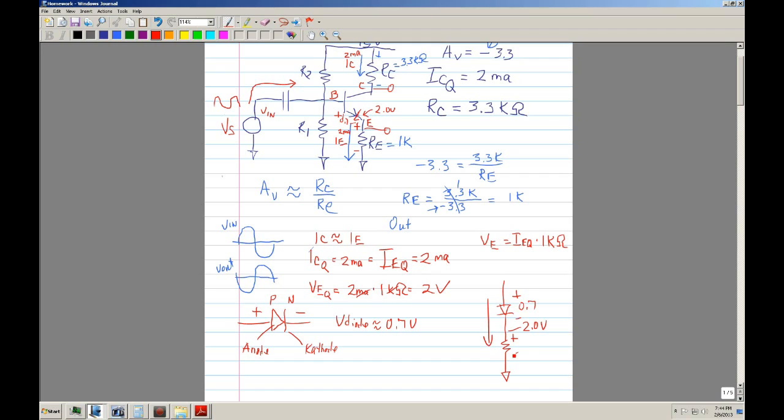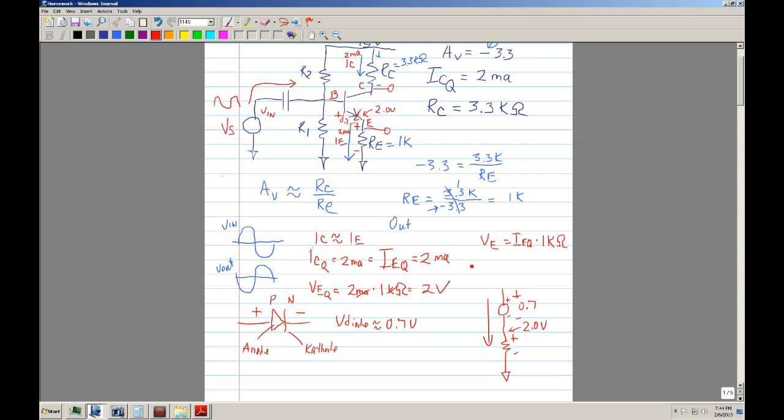so you've got current going like this. Right here, that means there's 2 volts. And just think of this as a battery. When the diode is on, it looks just like a little battery, positive and negative, and it's 0.7 of a volt.